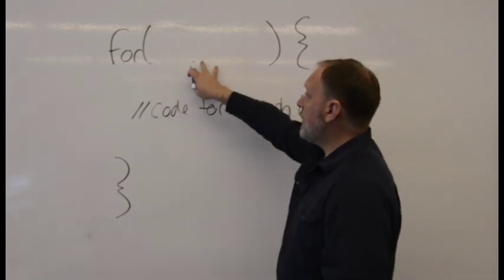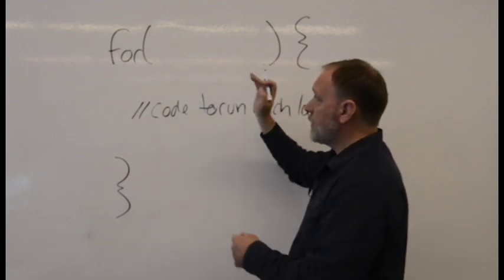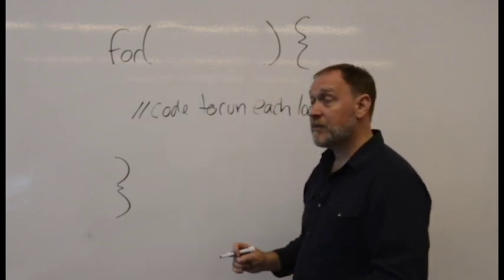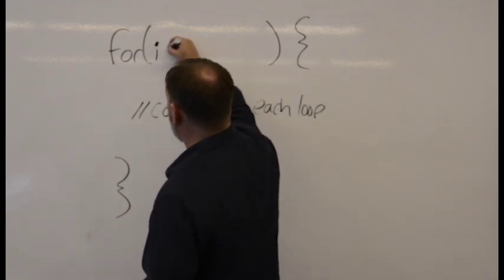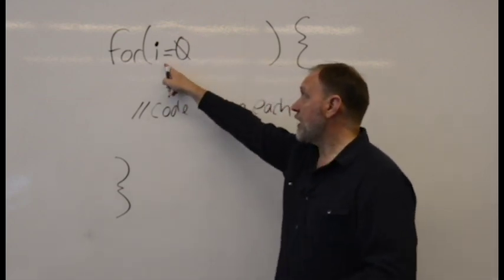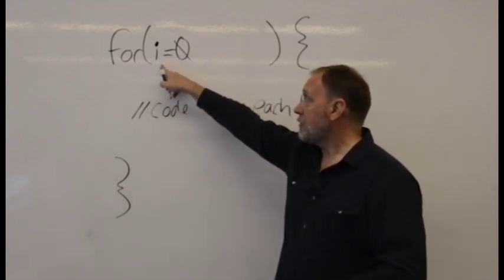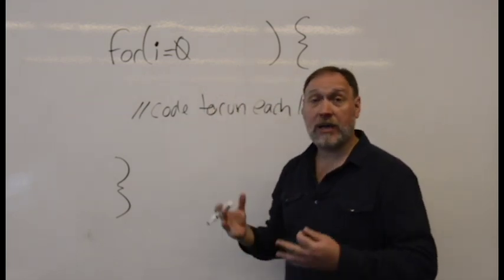So up here in our condition parentheses, as I mentioned before, are 3 parts. The first part is the starting point. i equals 0. So we've got a variable i here, and it's very common to give it the name i, short for incrementer.